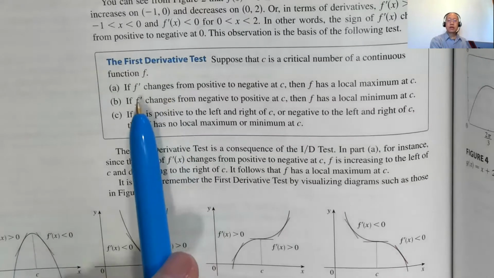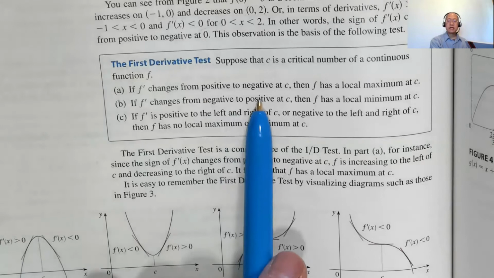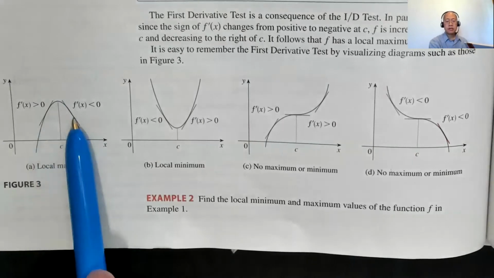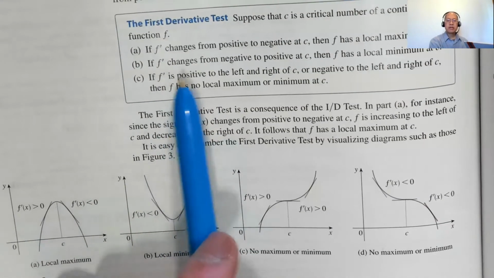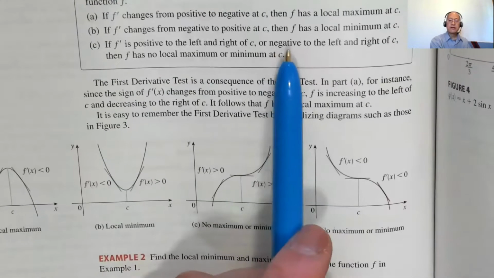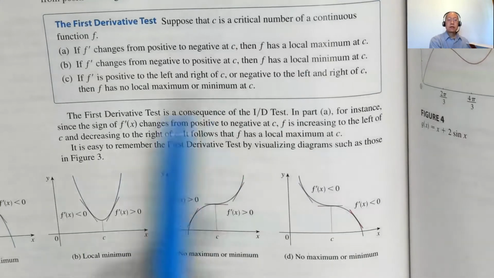So, first derivative test. If f prime changes from positive to negative at c, then f has a local maximum at c, at a critical point. Okay, increasing, decreasing. If f prime changes from negative to positive, then f has a local minimum. Okay.